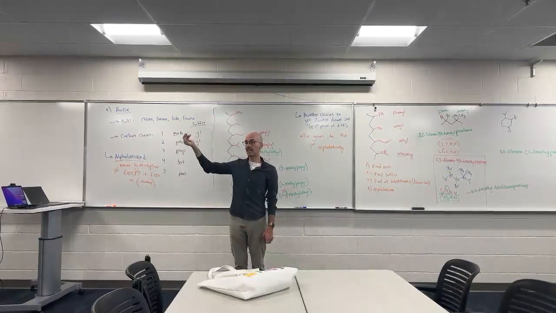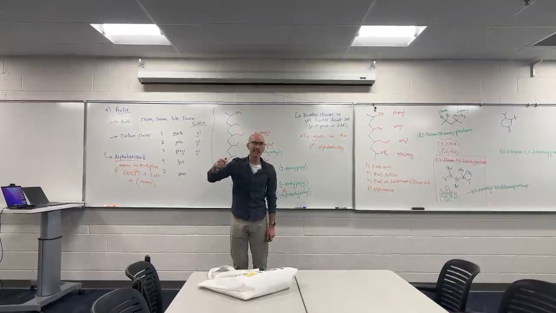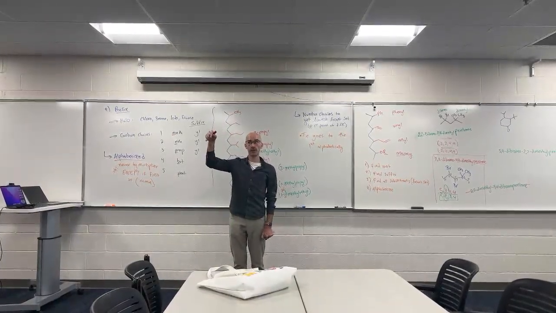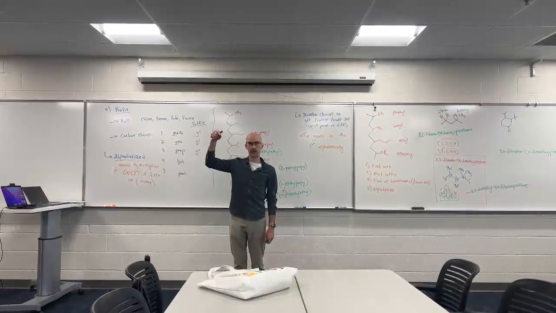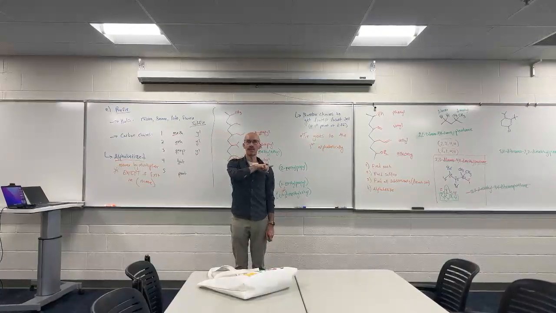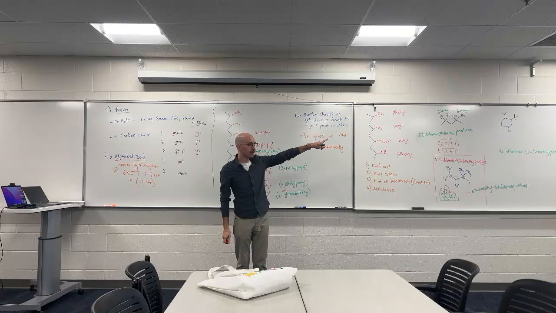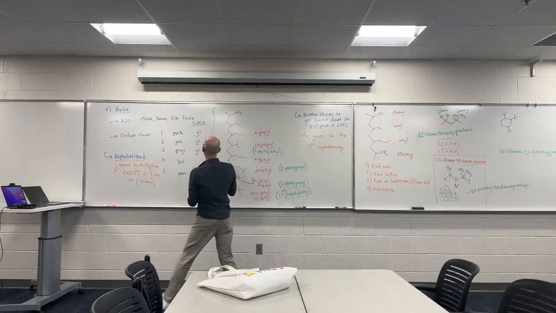If I have an alkene, I need to start at that alkene and number through it. If I have an alcohol, I need to start there, regardless of if there's an alkene. But if I don't have an alkene or an alcohol, these groups, alkyl groups, by the way, that's what I wanted to put here.